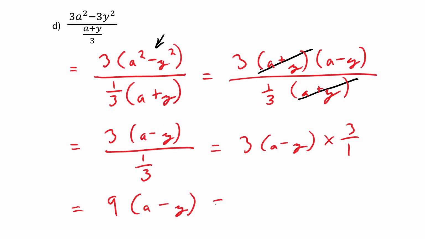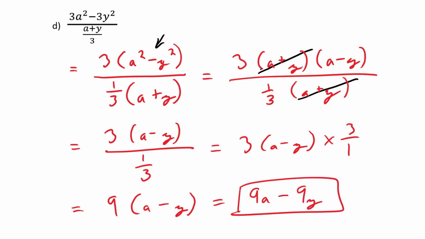And if I wanted to, I could remove all of my brackets. 9a minus 9y. Final answer. So here we are taking our knowledge of factoring, our knowledge of fractions, our knowledge of canceling, and we're combining it all together to simplify these fractional expressions.